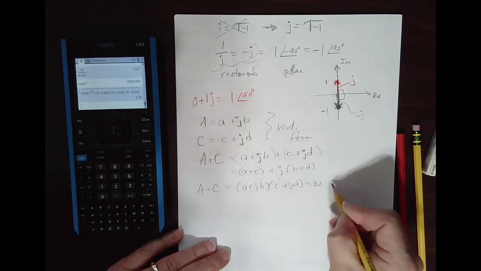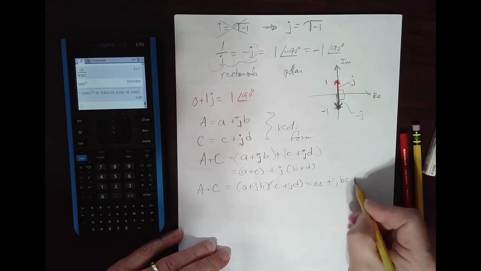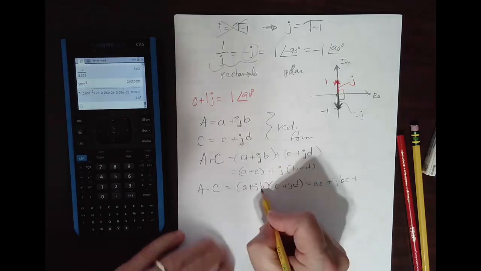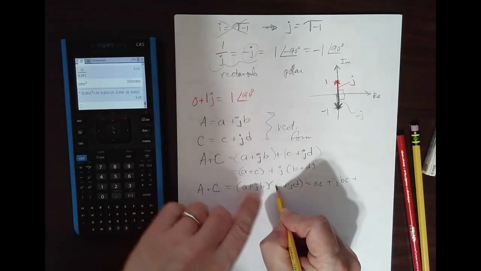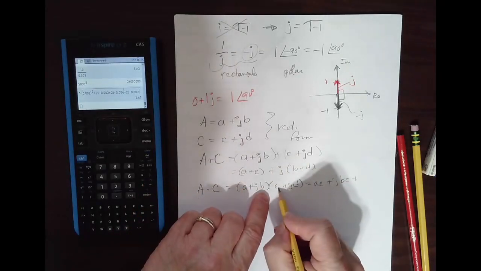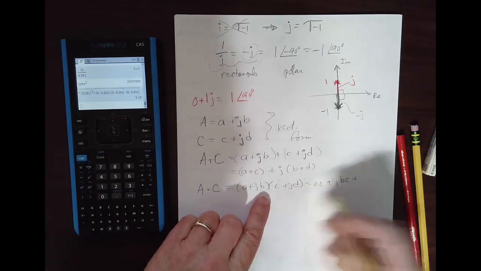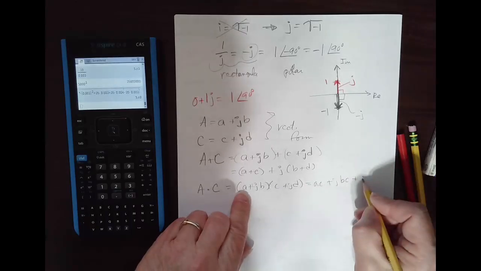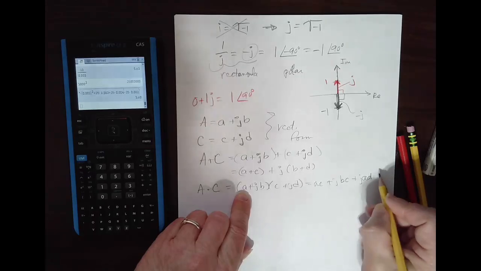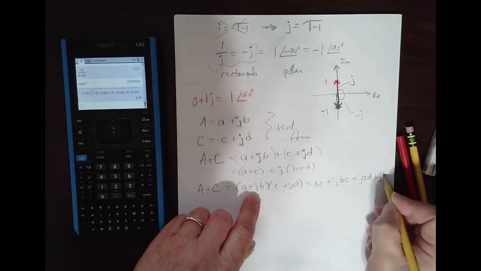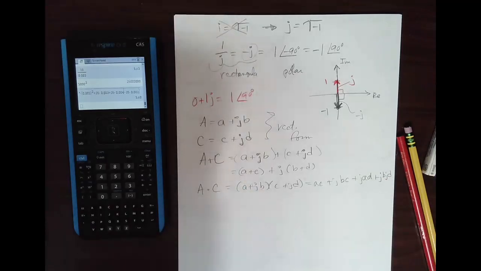AC plus JBC, and then the 2 times the D, so we're going to have JAD, plus JBJD.